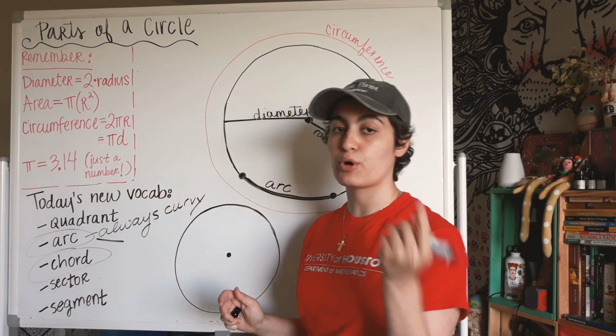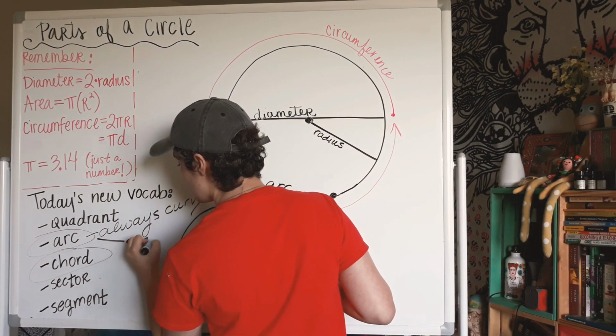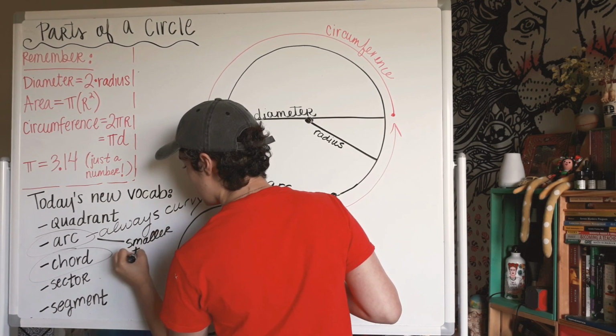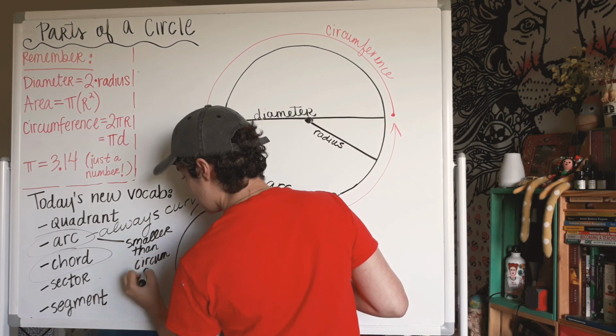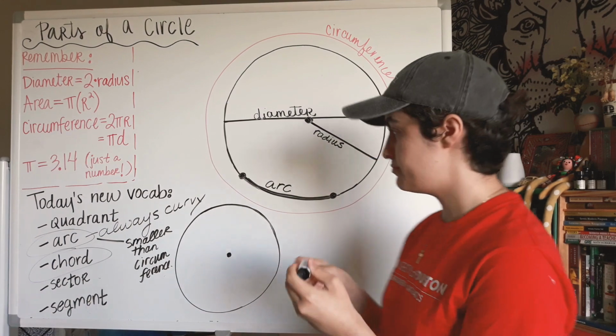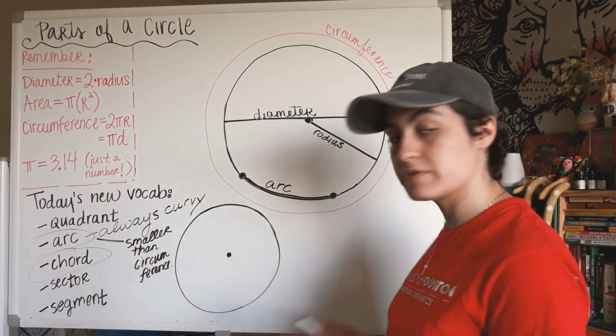Or you could say just part of the circumference. Okay, so that's arc. That's a new part of a circle.